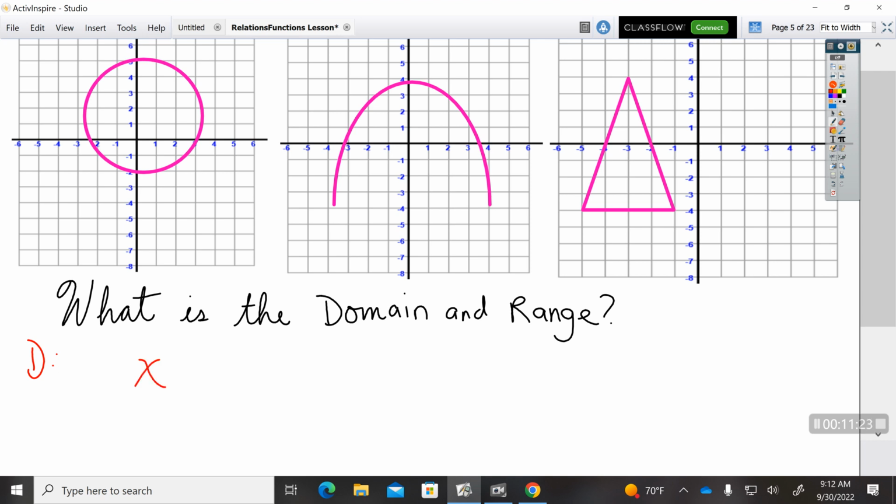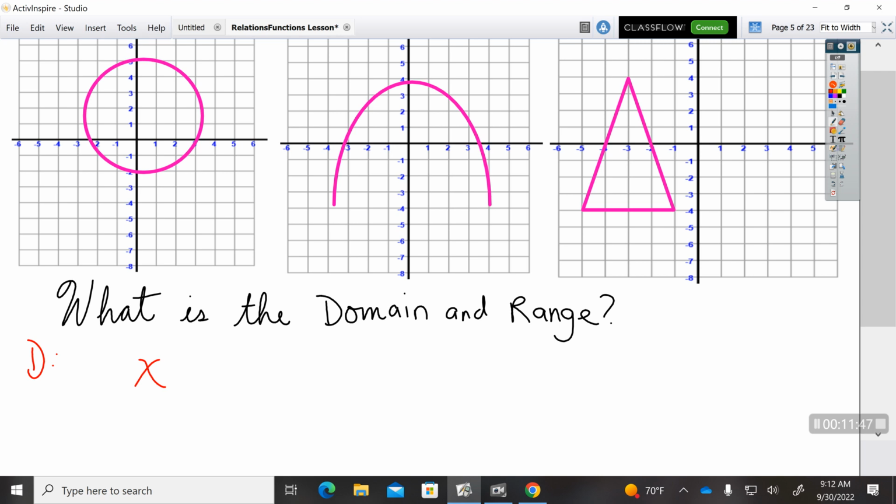X. So we're going to put an x right here. Write it. Put D, put a space like I did, put an x there. So domain is all possible x values, correct?